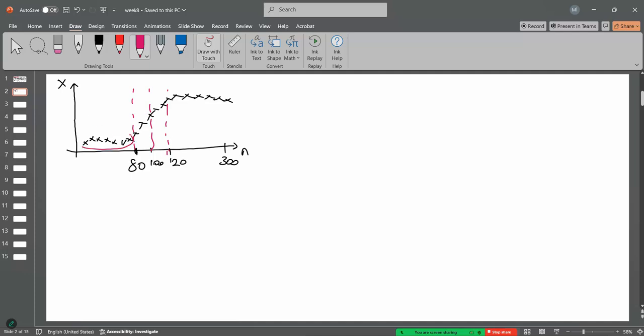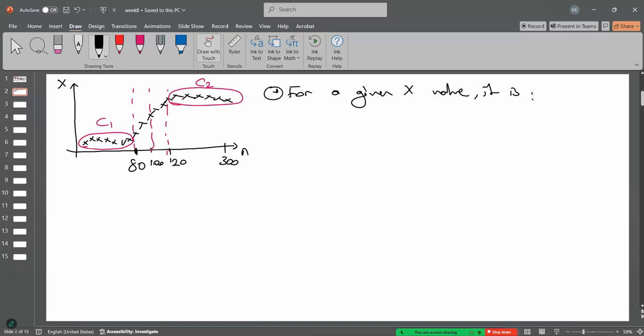And so we can easily check the data distribution. Maybe this is the C1 class and this is the C2 class. This is the transition area. Okay? And so we can write that this is for a given x value, or in the presence of the x value, we can call it presence or existence data. Okay?